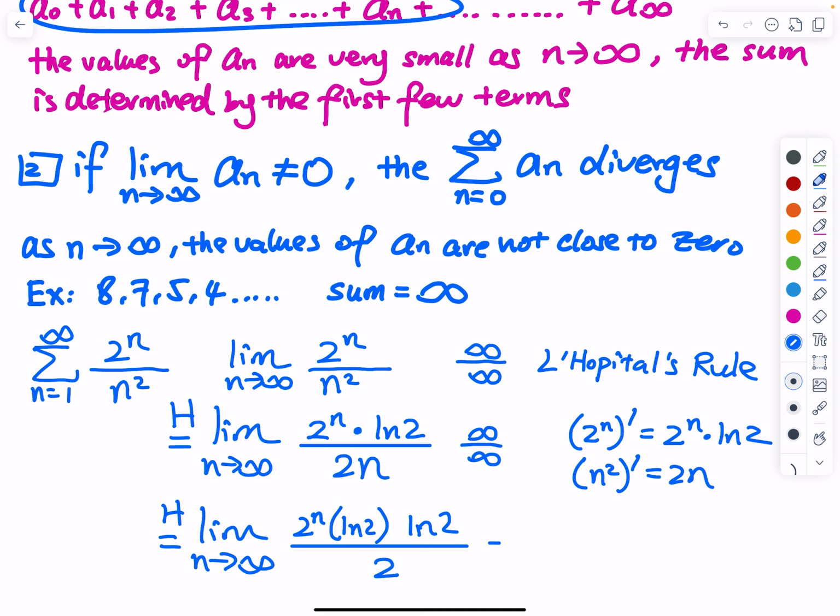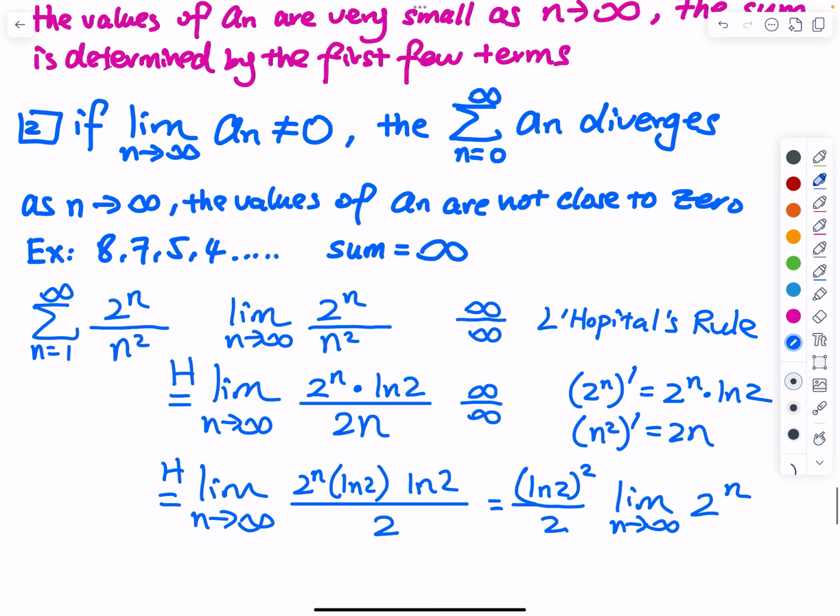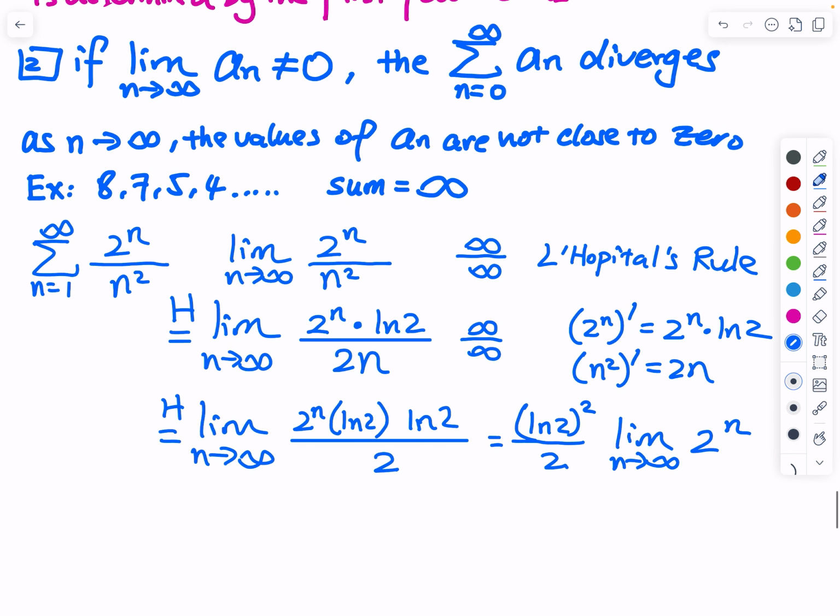Let's take the constant outside. So we have ln 2 raised to the second power, divided by 2, times the limit as n approaches infinity of 2 to the n power. Let's just copy the constant one more time.